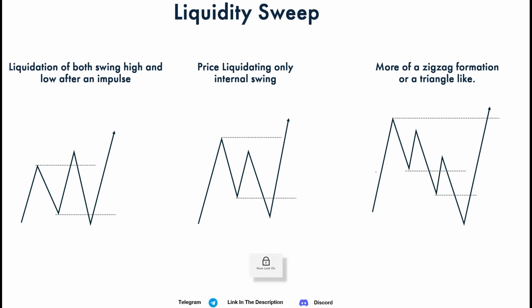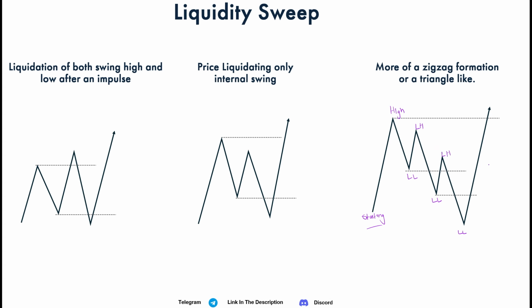Then on the last one here, we can clearly see that at the starting point of the impulse, we have this high, and then we have some internal lower low, lower low, lower low, and lower highs. Lower highs here.